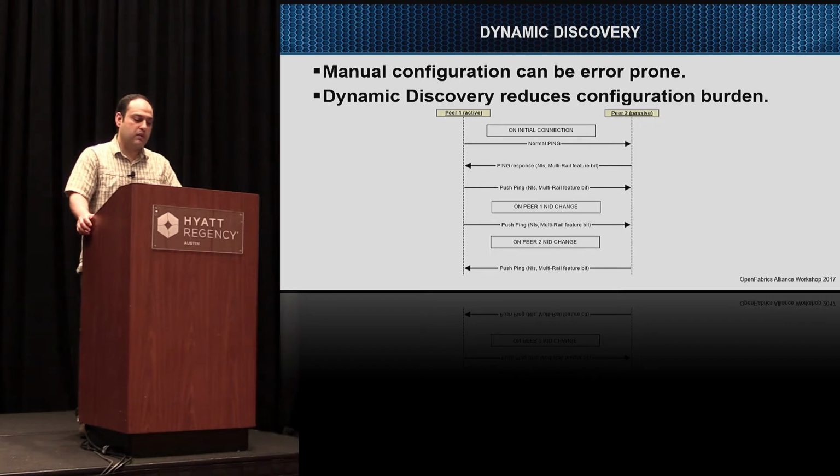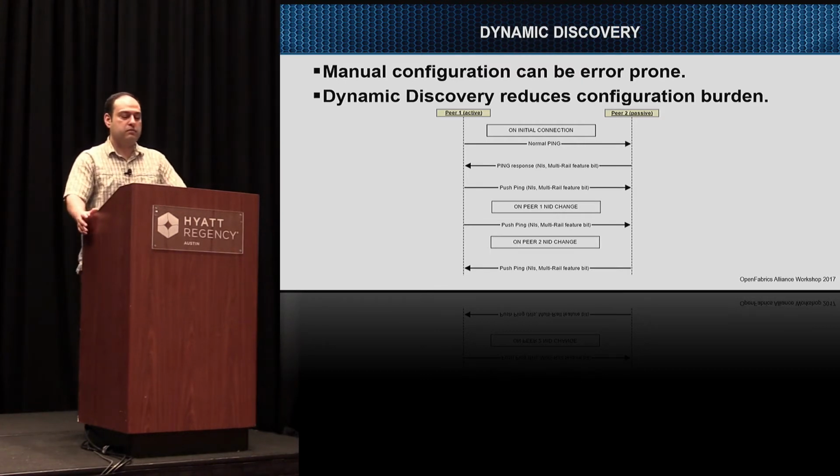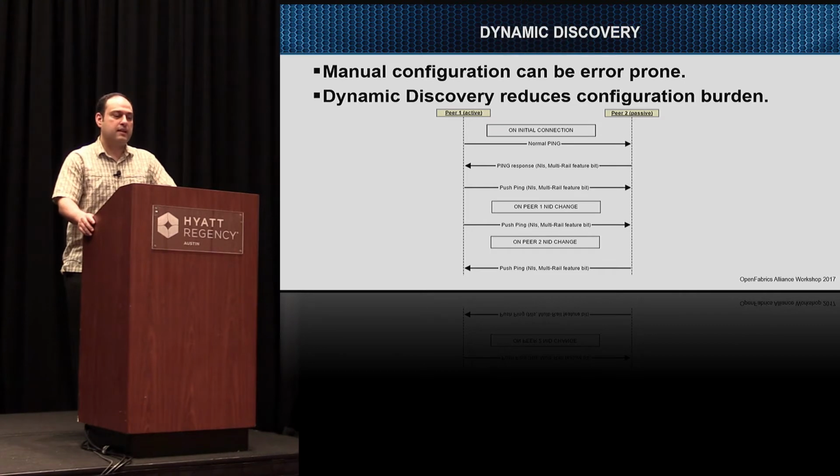What we did is we implemented something called dynamic discovery, and this adds the ability for LNet to discover the peers that it's talking to the first time it tries to talk to them. So, for example, if the upper layer, portal RPC in the case of Lustre, tries to send a message to peer B, what we do at the LNet layer is first we ping that peer, and we get its interfaces back and a feature bit mask.